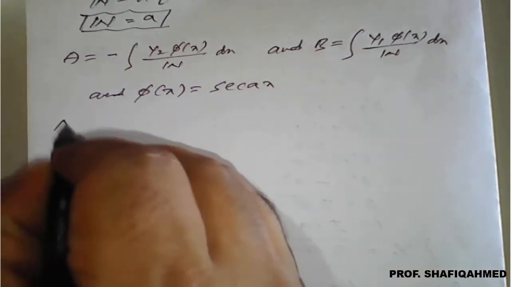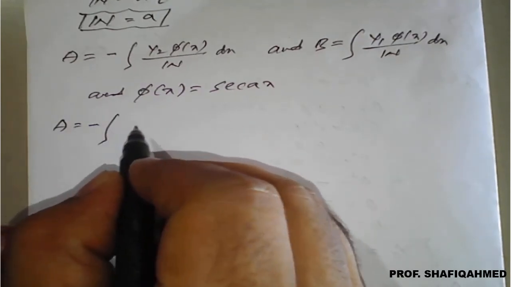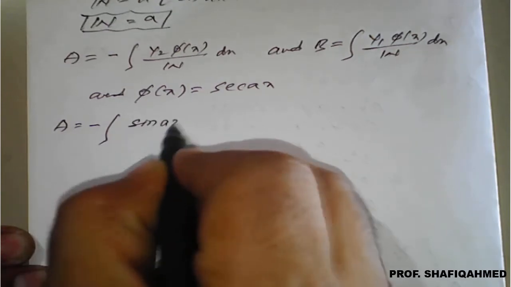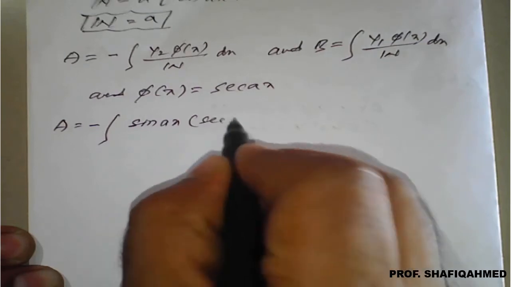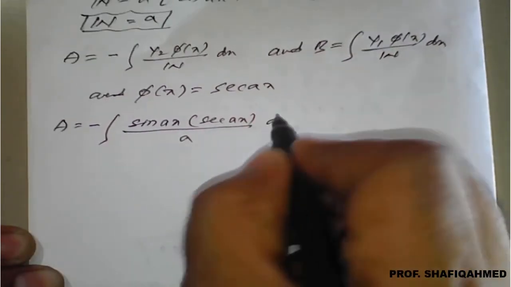So first A is minus integration of y2, which is sine ax, into phi of x, which is secant ax, divided by W, which we got as a, into dx.